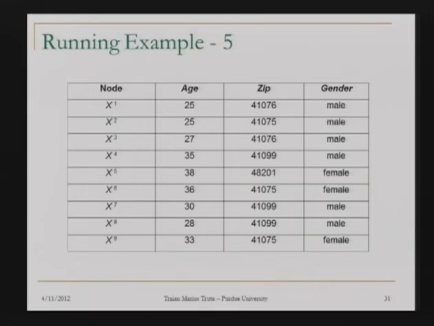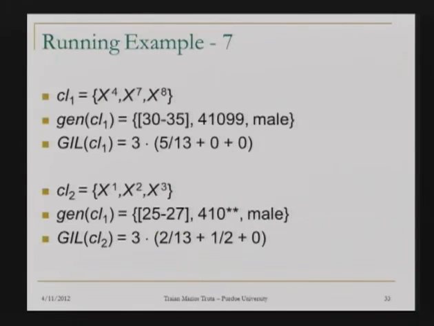So the generalization for age is 25 to 27, this interval. For zip code, we have 41076, 41075, 41076. The next in the generalization hierarchy is 3-digit zip code. So we generalize it to 410 star star. Okay? And then gender, all three are male. Therefore, this is what we have: 25 to 27, 410 star star, and male.